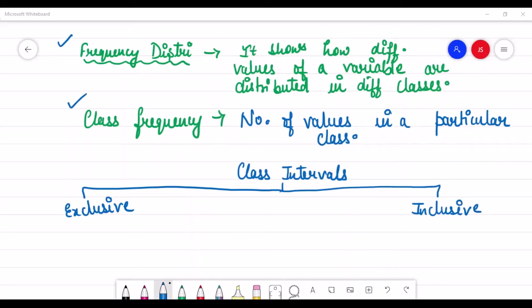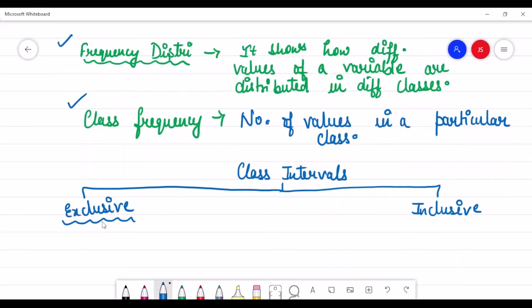In inclusive class intervals, values equal to the lower and upper limit of a class are recorded in the frequency of that same class. And in the exclusive class interval, an item equal to either the upper or the lower class limit is excluded from the frequency of that class. So what is exclusive?